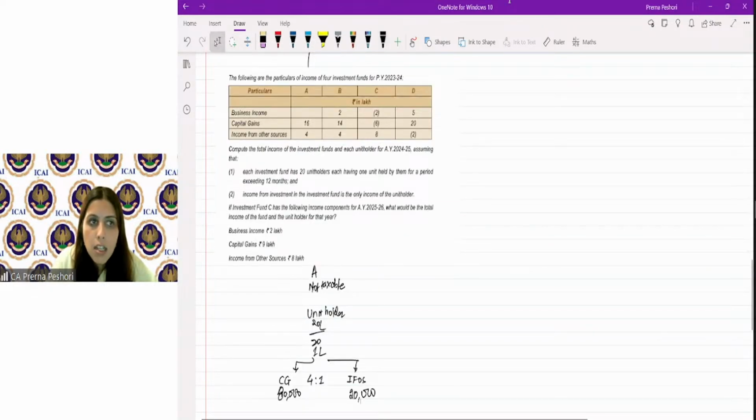B has a business income of 2 lakhs and the capital gains which is there. Yes, Geeta, you were correct. What about the fund B?